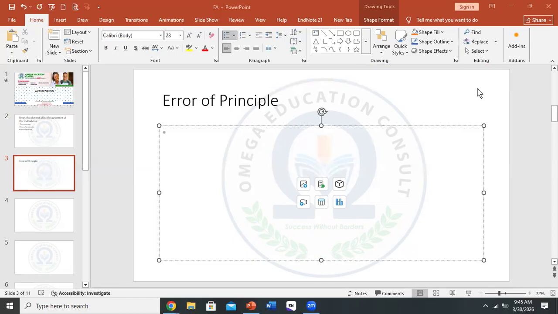Okay, so thank you very much. Any other version from Bridget, Augustine, or Zoe? Error of principle. So yes, Austin puts it well. So this type of error occurs when the double entry principle is violated, right? That is why it gets its name, error of principle.